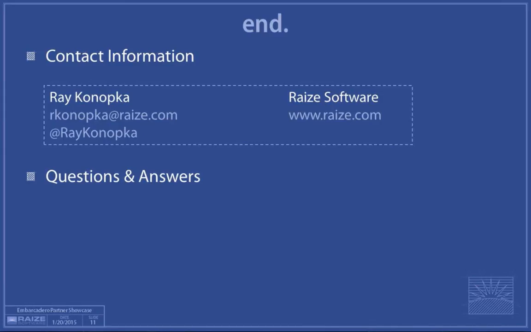Sure. So I assume that it might be a Raize Components question, and if it is, then yes, they do follow the themes and styles from the VCL styles. So whatever your application picks up, the Raize Components adjust their interfaces as appropriate.